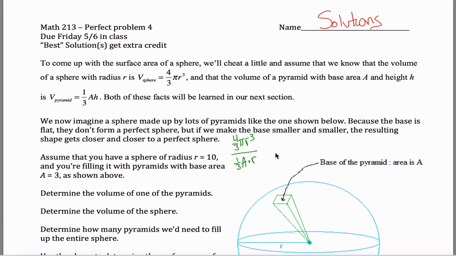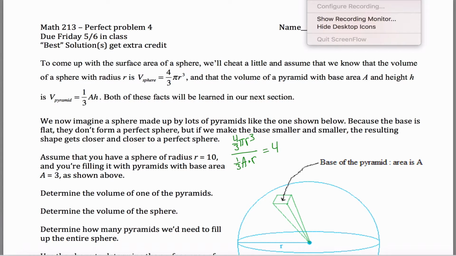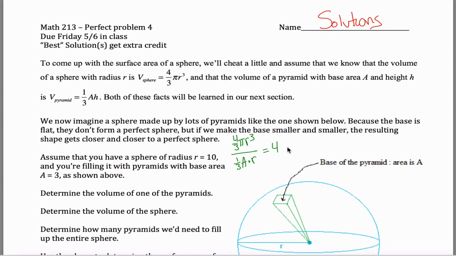The height is the same as the radius. If you simplify that, you'll get 4 pi r squared over A. So this is the number of pyramids.